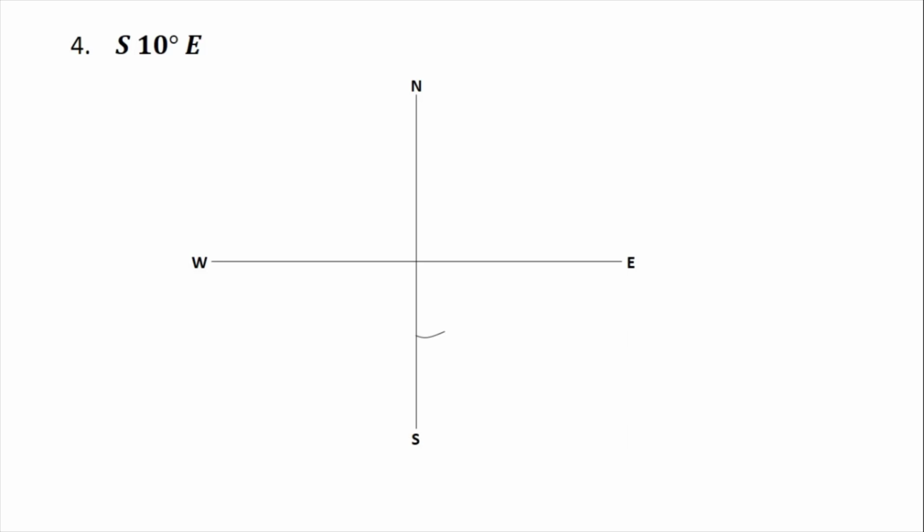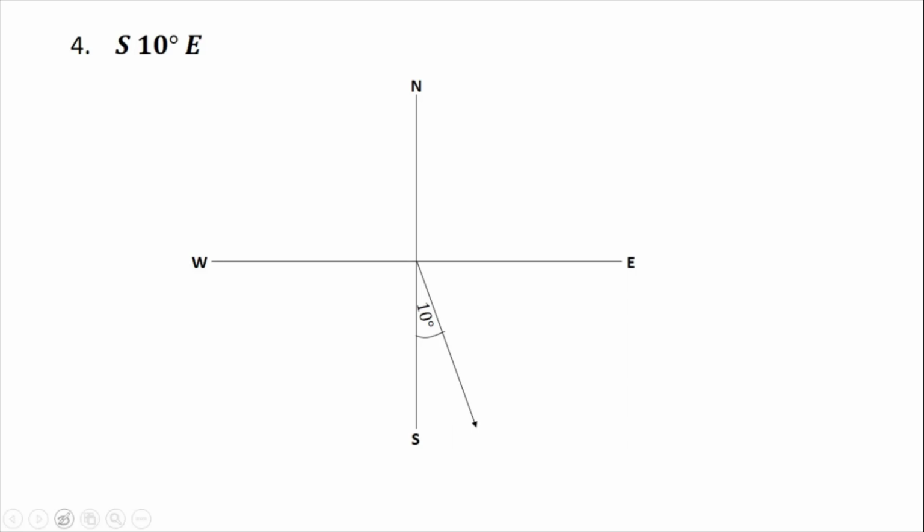Since 10 degrees is very small, you see that I've drawn a very small arc. Then you draw the line through it like this. You indicate your arrow here, then you indicate your 10 degrees here. So since 10 degrees was small, I drew a small arc. Then from there, you draw your arrow and you indicate the name of the angle on it like this.